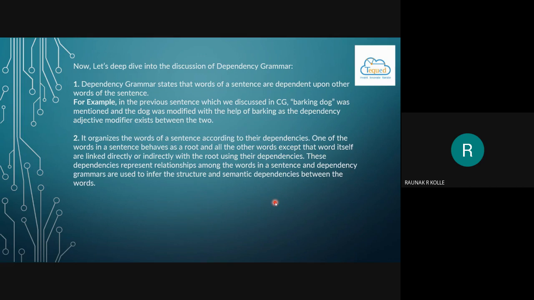One of the words in a sentence behaves as a root, and all the words except the word itself are linked directly or indirectly with the root using their dependencies. These dependencies represent relationships among words in a sentence, and dependency grammar is used to infer the structure and semantic dependencies between the words.